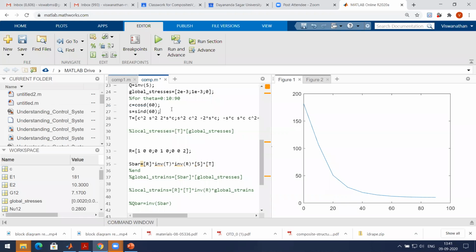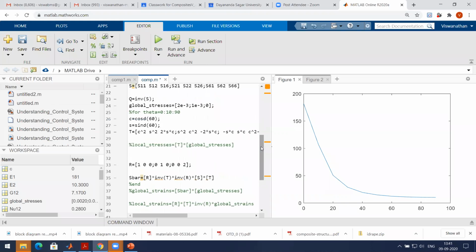So if theta equal to 60 degree, okay, and then the global stresses, for example, this is sigma x, sigma y, and there is tau xy.